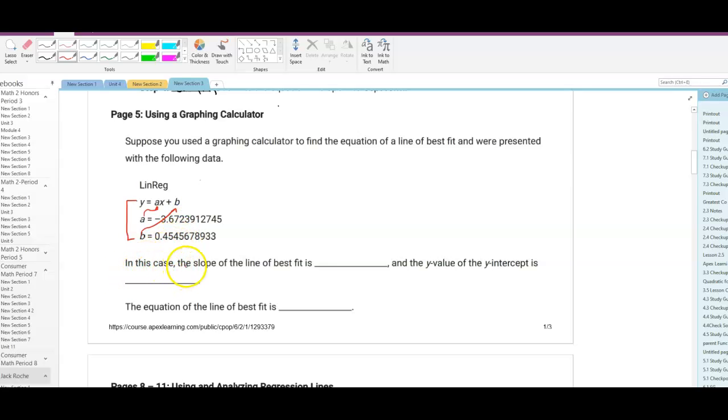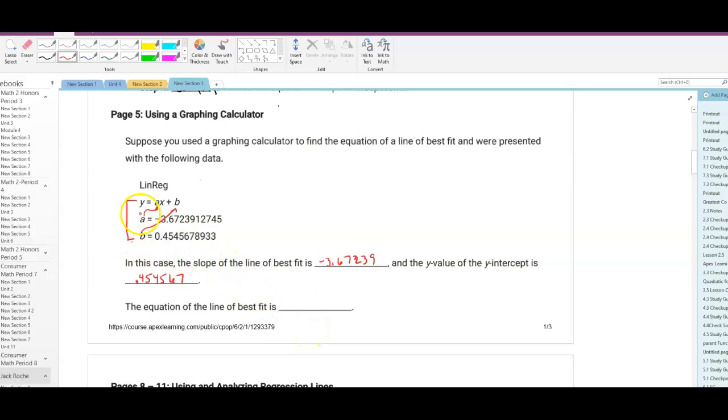So in this case, the slope of the line of best fit would be negative 3.672339, blah, blah, blah. And the value of the y-intercept would be 0.454567. That would be your y-intercept.